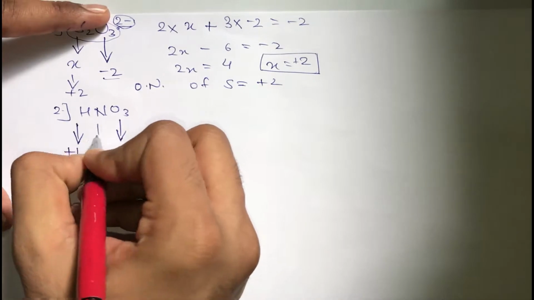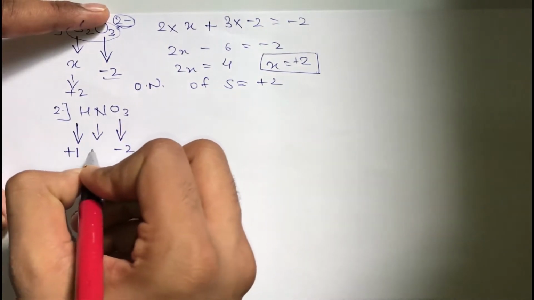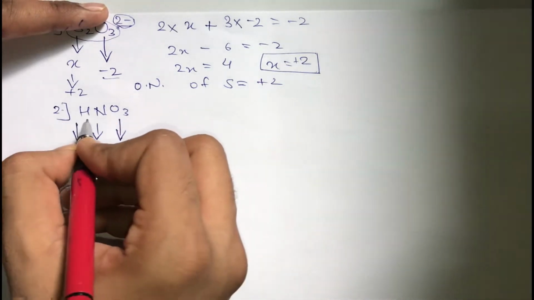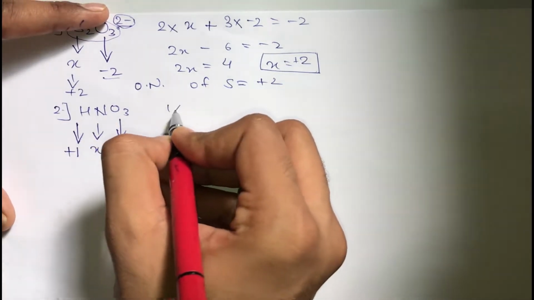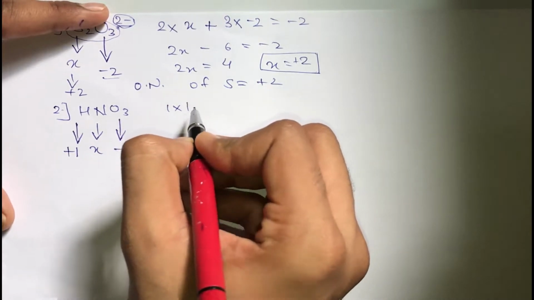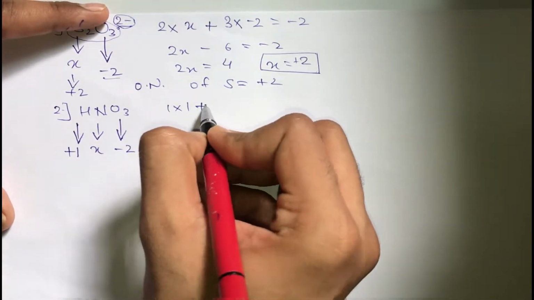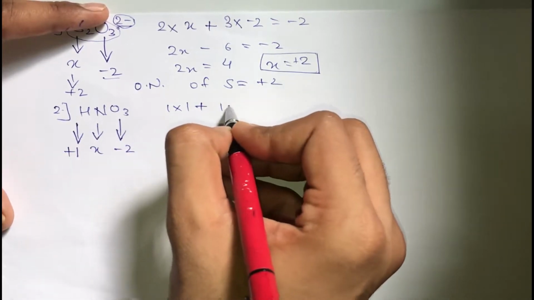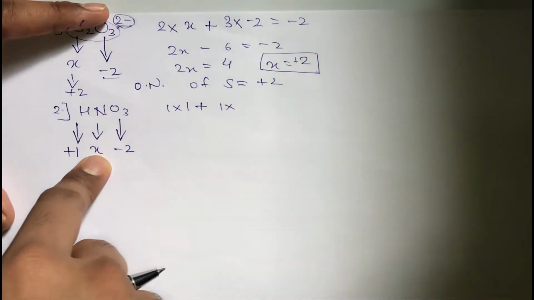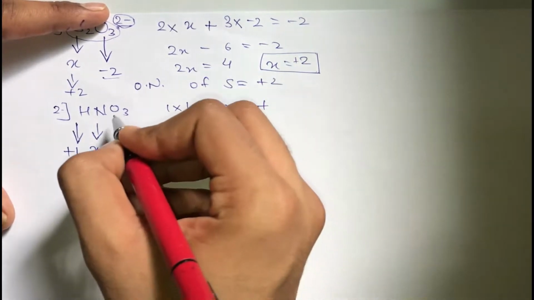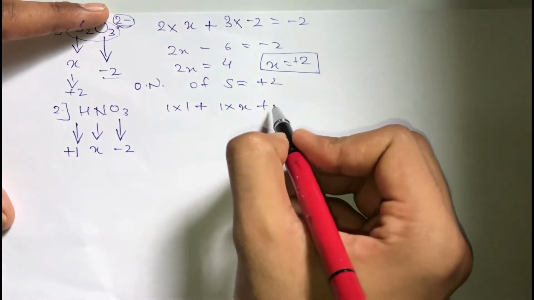But you do not know the oxidation number for nitrogen atom, so you assume it to be X again. Now how many hydrogen atoms are there? 1. So 1 times oxidation number of hydrogen, which is +1, plus how many nitrogen atoms are there? 1. So 1 times oxidation number of nitrogen, X, plus how many oxygen atoms are there? 3.